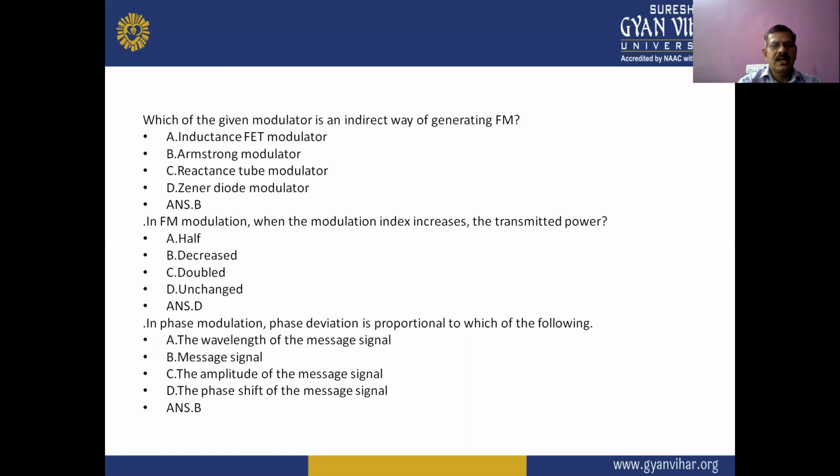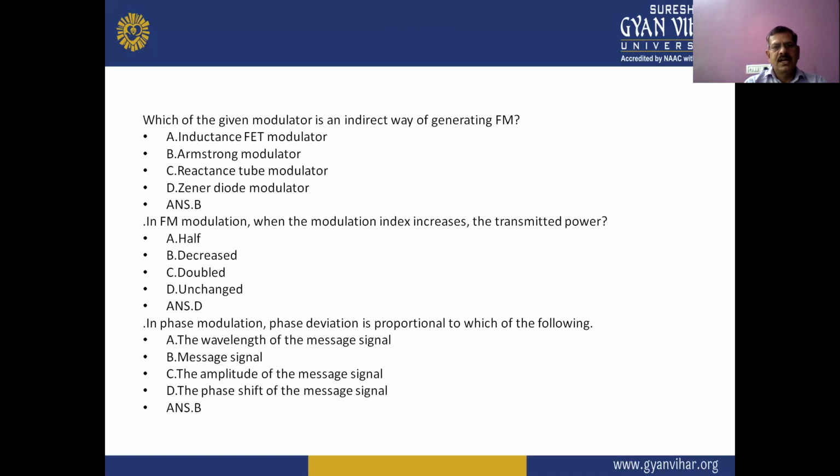So the correct answer here is option B, Armstrong modulator, which is used as an indirect way of generating frequency modulation, FM.